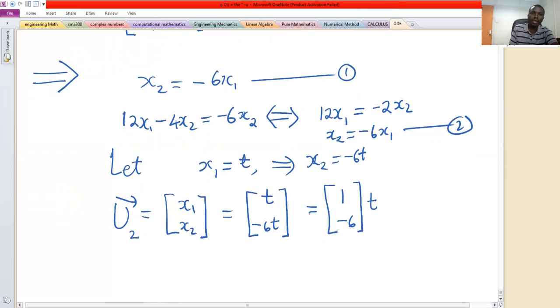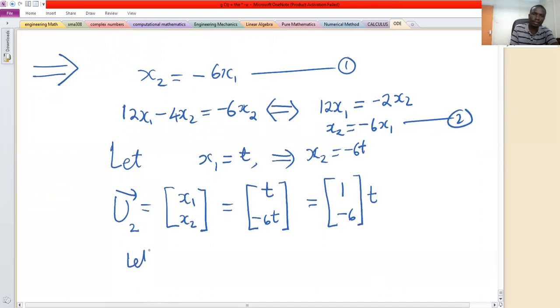And if you let t be 1, then you say that U2 is (1, -6).